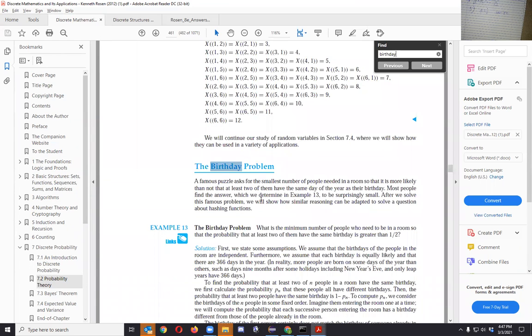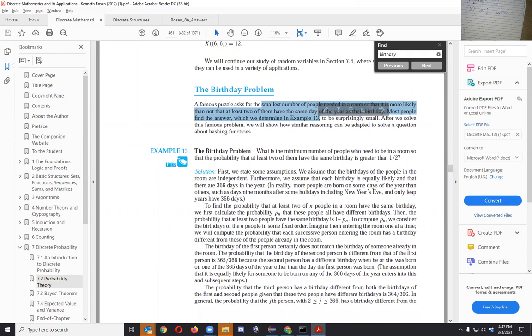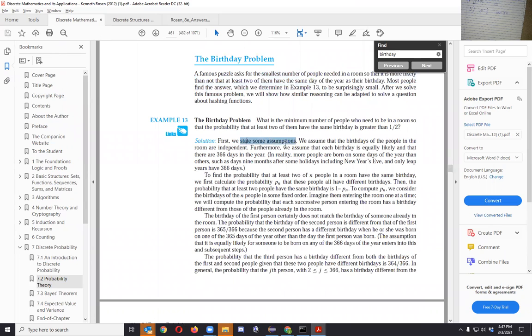Ah, the birthday problem. Here we go. Smallest number of people you need so two of them have the same birthday. All right, so 366 days a year. We're not quite doing that. We're doing 12. So we have n equals 12.